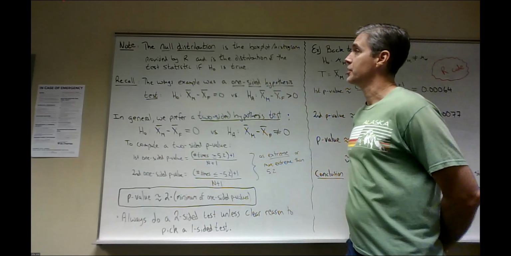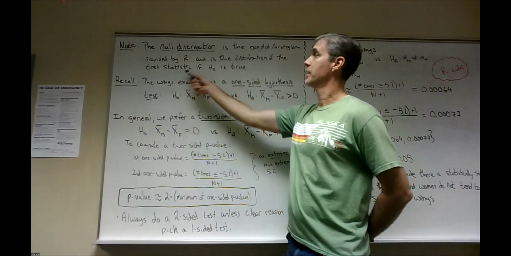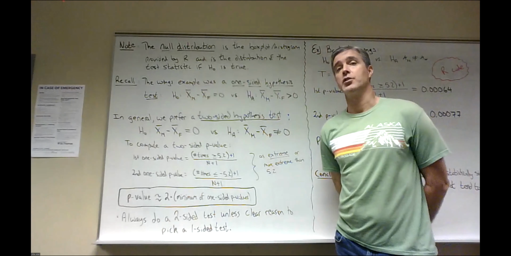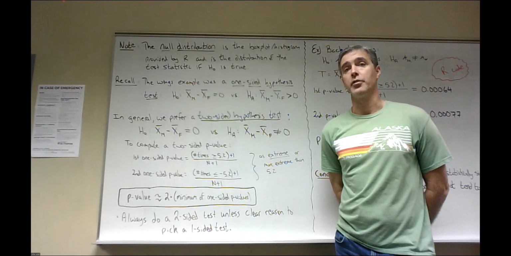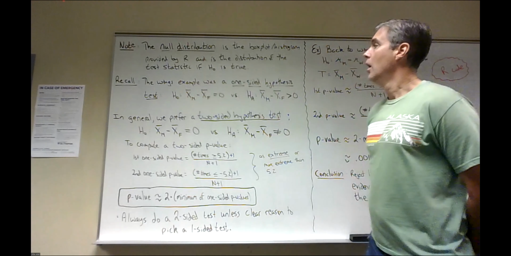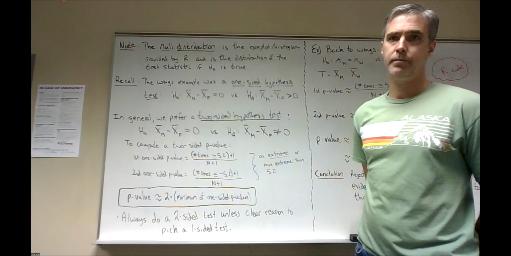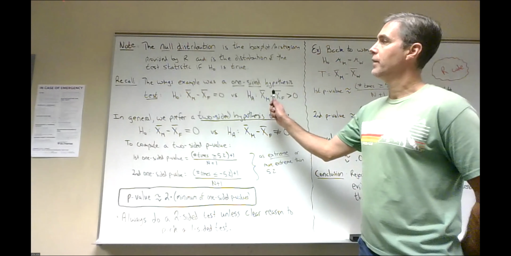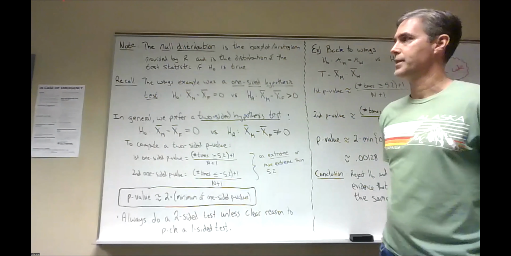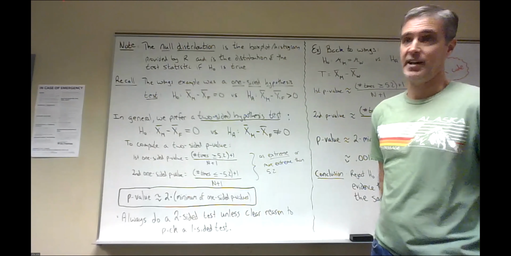And again, it's simply the distribution of all the test statistics under the hypothesis that H naught is true. The differences are just occurring by chance. Okay. Right. So now we're going to start talking about two-sided p-values. So the wings example we did was a one-sided hypothesis test. Okay.